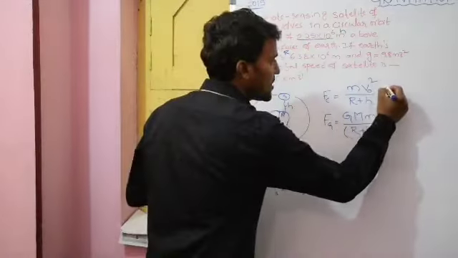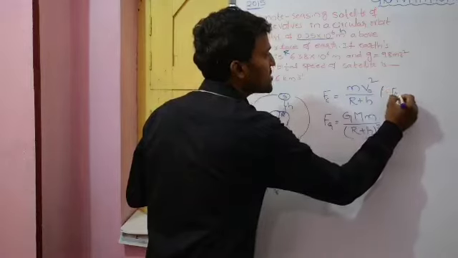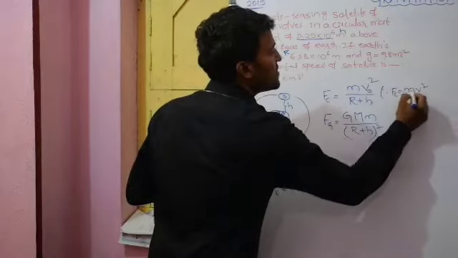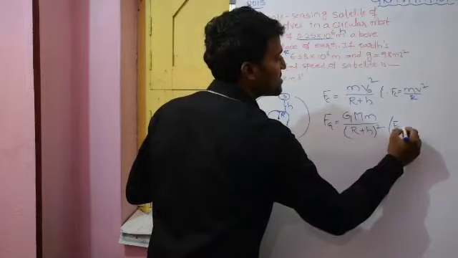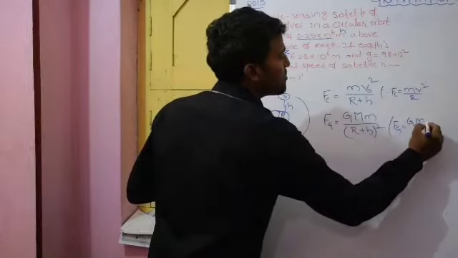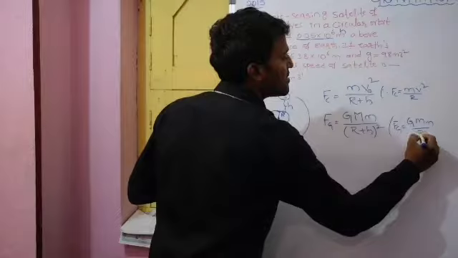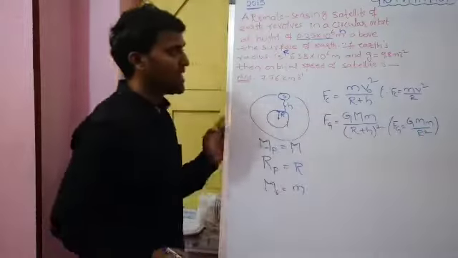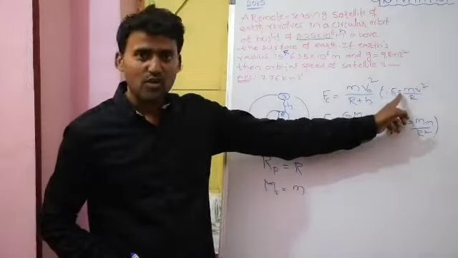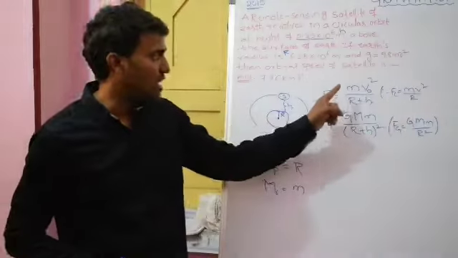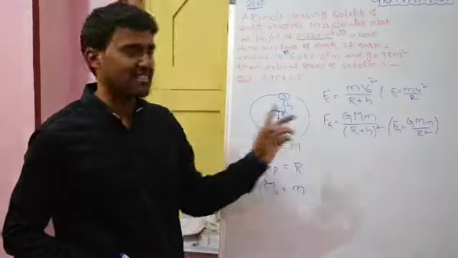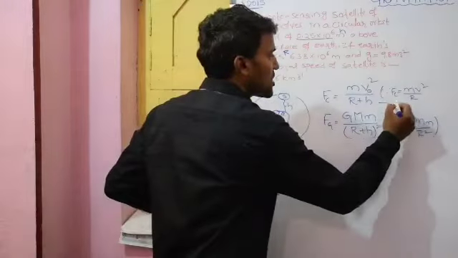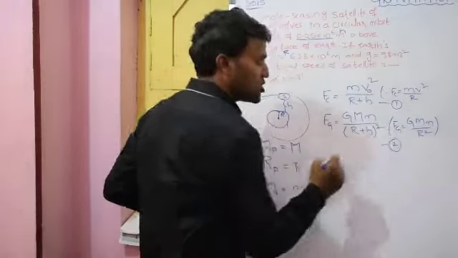The centripetal force formula I have written like this, and the gravitational force formula I have written like this. This is equation number 1 and it is equation number 2.